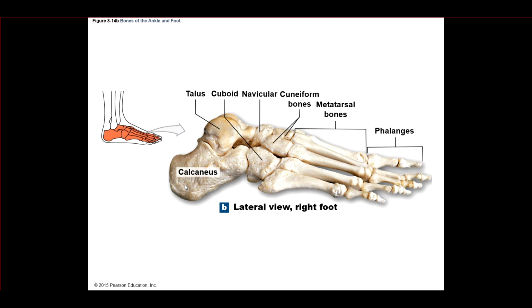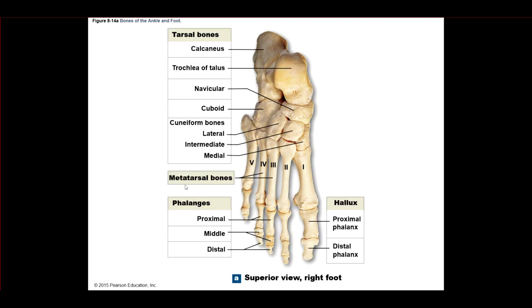Then I would recommend looking at the foot from above. So here was the talus that was sticking up. Here's the heel bone. Everything else is going to be in front of these two bones. So watch this. In front of the talus, we're going to have the navicular, which means boat-like. It kind of looks like a boat. Then there are 3 bones, all named the same thing.